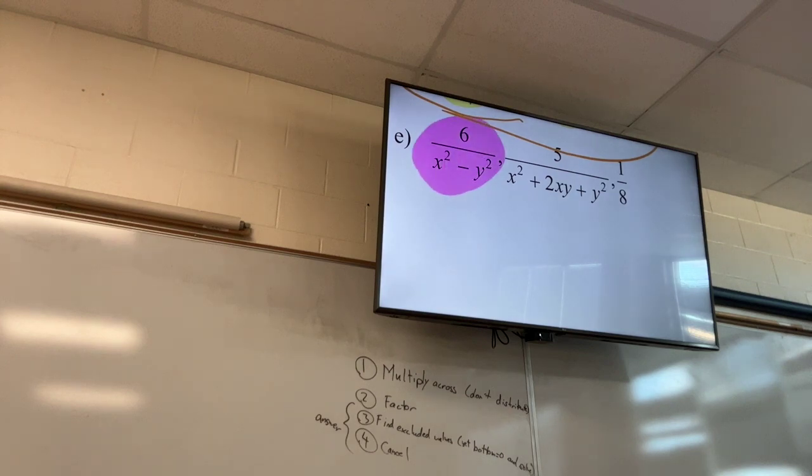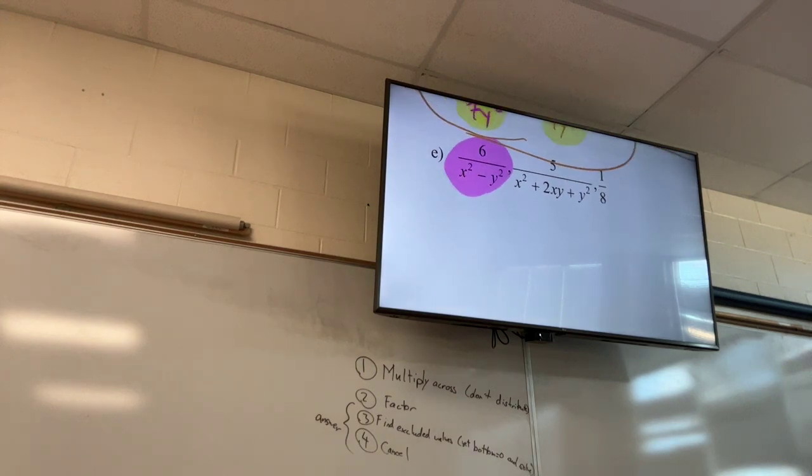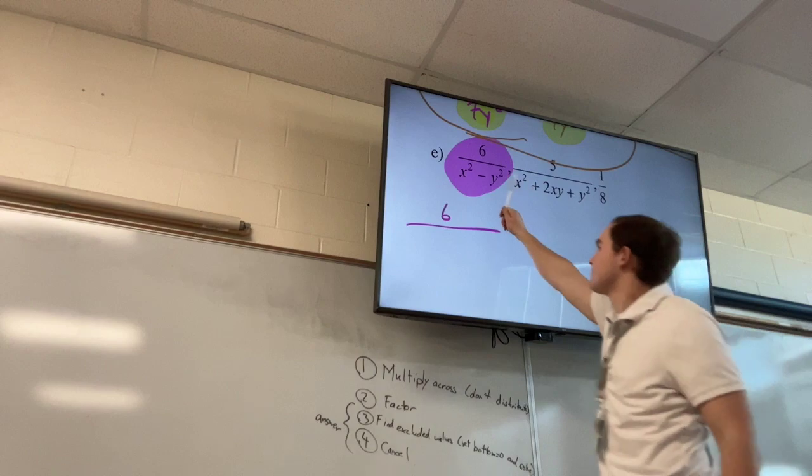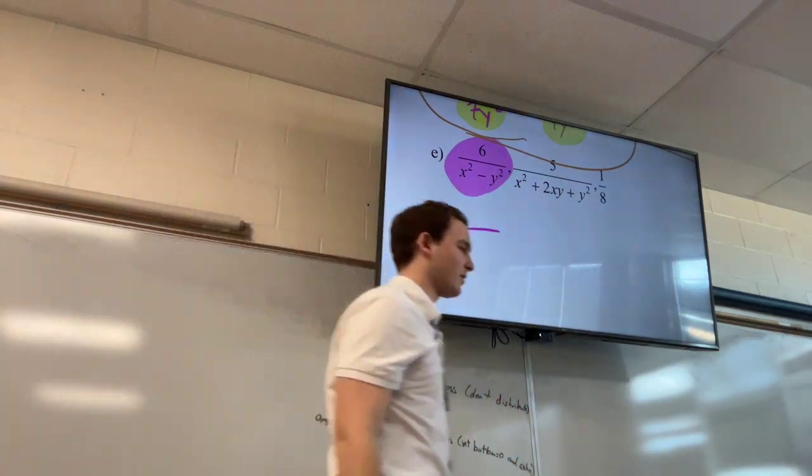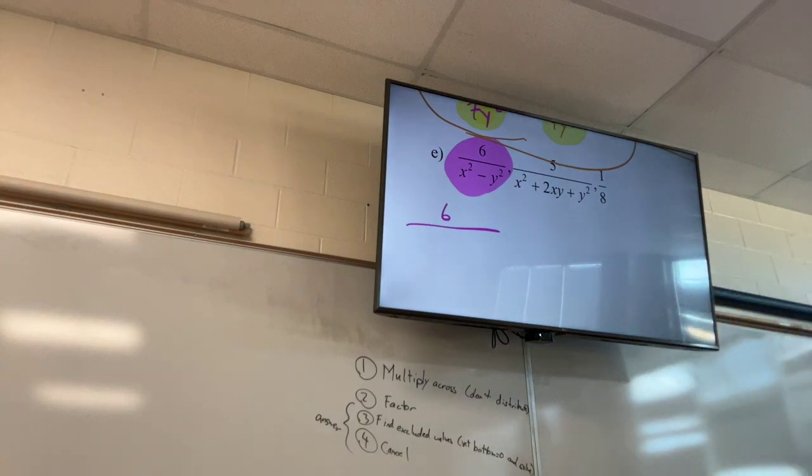Can I factor the top and bottom of my pink fraction at all? The top is a 6. What's in the bottom? What kind of factoring problem is that? Difference of squares. I think we're on the right track.